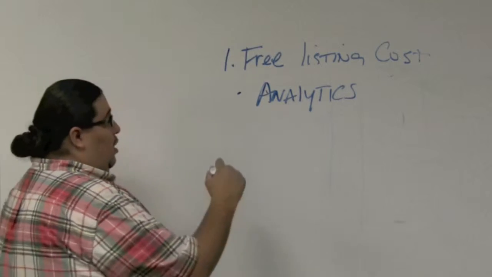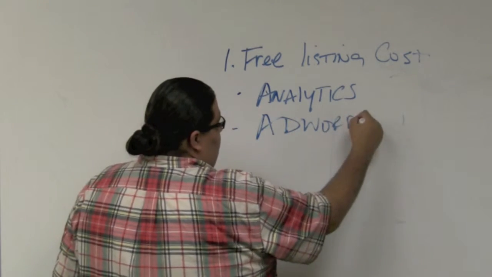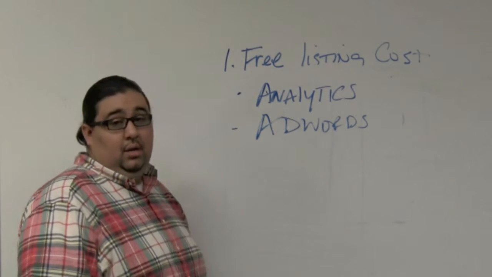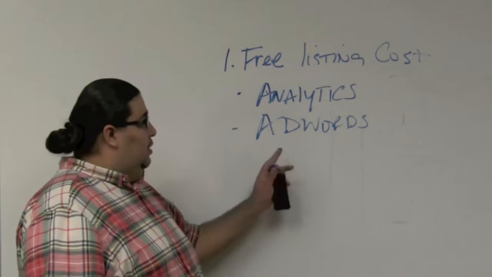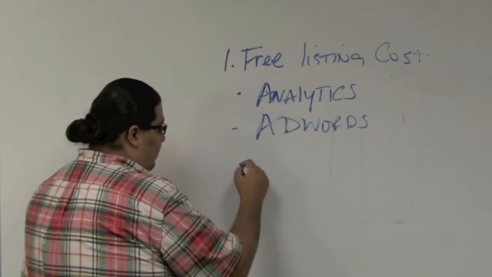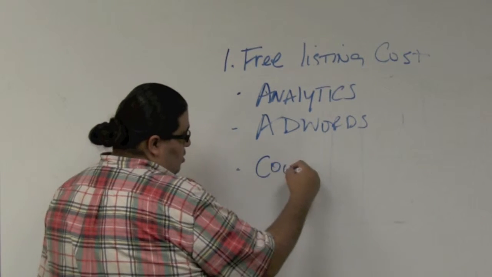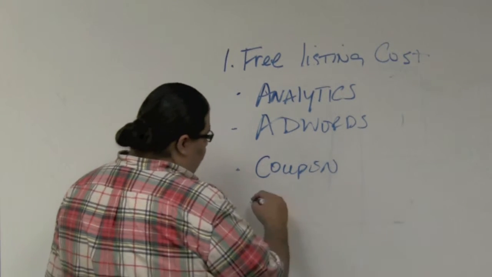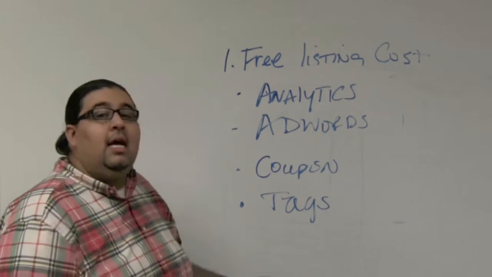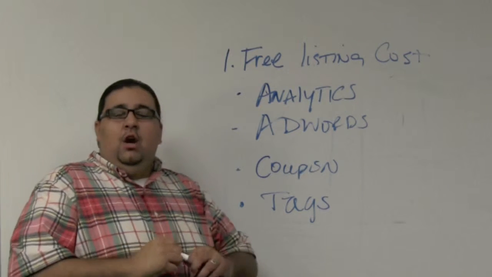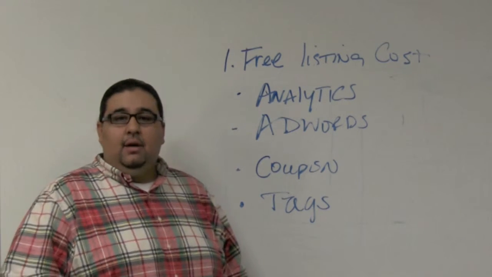You can also attach your AdWords, so you can pay to be able to have more results driven here. You can also create coupons and tags to help you show up and really draw attention from your visitor.